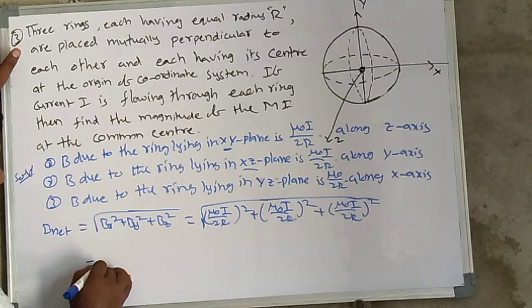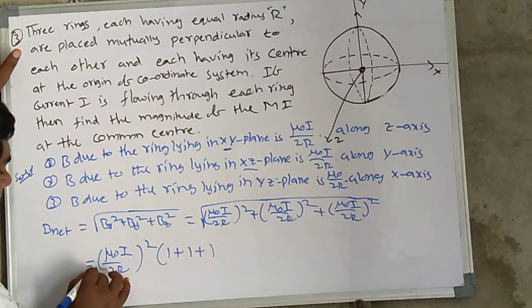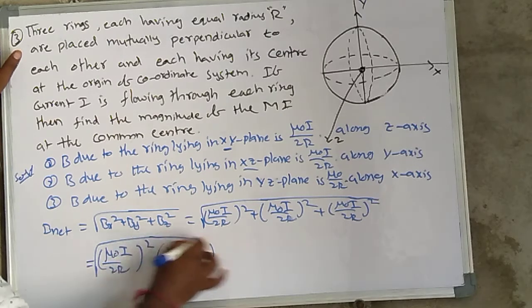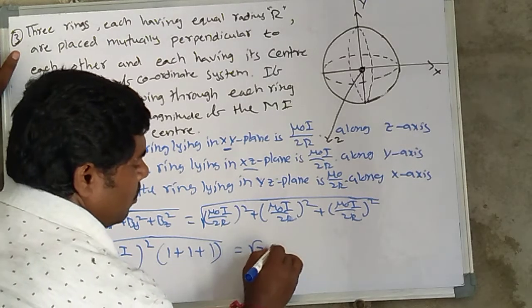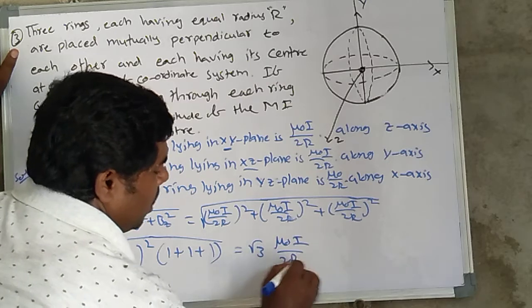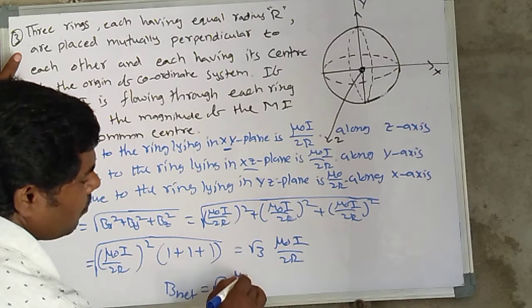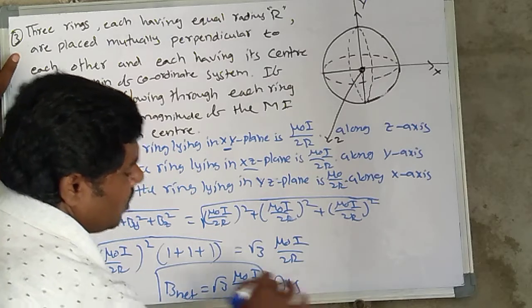You may take out common (mu naught I divided by 2r) whole squared, with the remaining 1 plus 1 plus 1 under the root. The root and the square cancel, so the final expression is B net equal to root 3 mu naught I divided by 2r. This is the answer to the question.